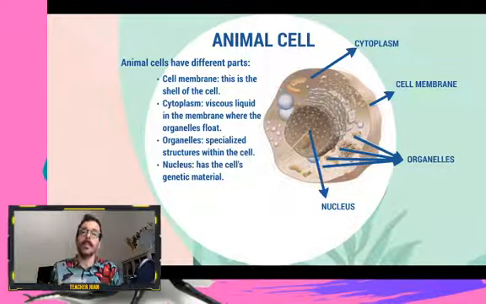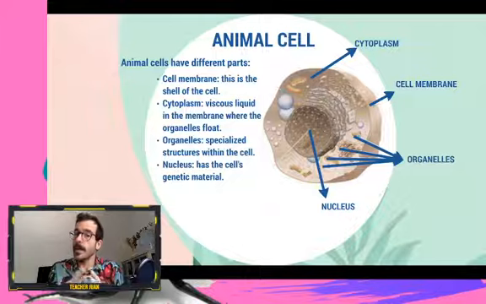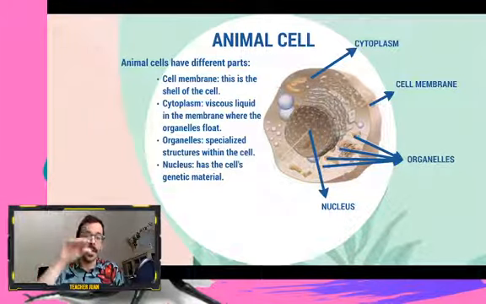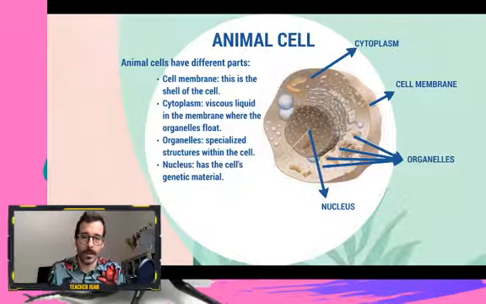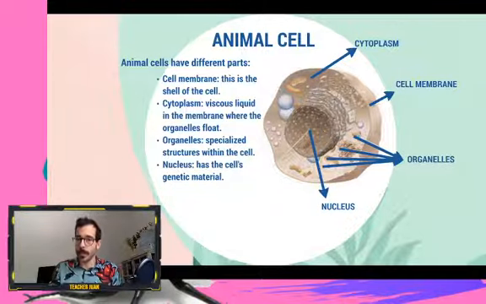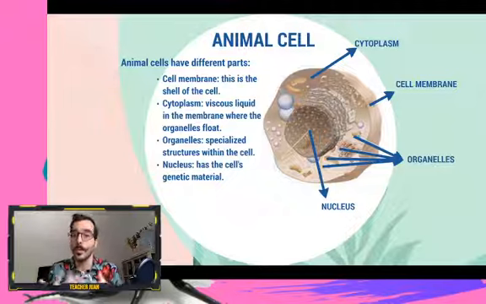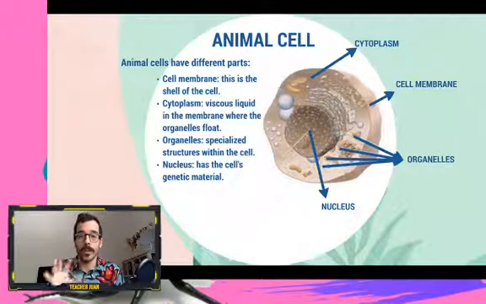Inside the cell membrane, there's a viscous liquid that is the cytoplasm. Okay? And in this cytoplasm, we've got the organelles that are parts of the cell with different specific functions, okay? Some of them are related to nutrition, some of them to reproduction, very important parts of the cell.